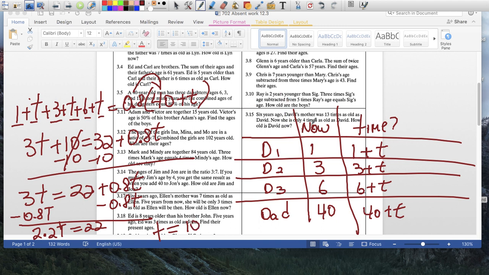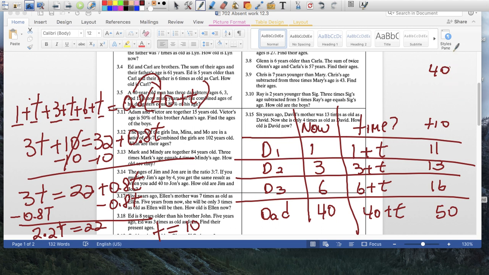So in 10 years' time, the sum of the 3 daughters' ages will equal 80% of the dad's age. So in 10 years, she's going to be 11, she's going to be 13, this girl is going to be 16, and this guy is going to be 50. Let's add 11 plus 13 plus 16 equals 40.